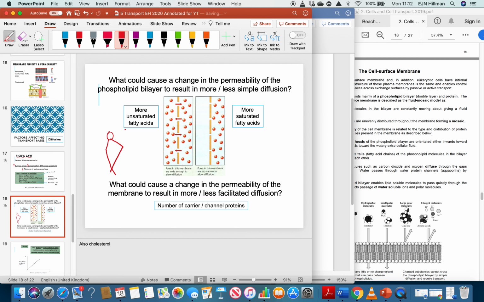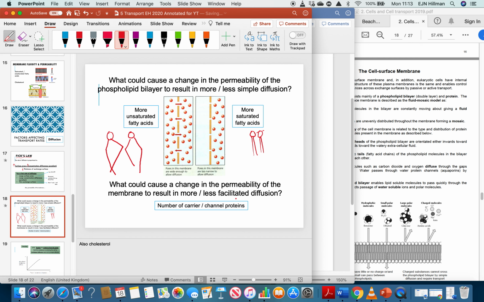There we go, they've got two fatty acids that are kinked because they're unsaturated, and that means that those phospholipids are further apart. Saturated fatty acids have much straighter chains and therefore fit much more closely together. So a membrane with a high proportion of unsaturated fatty acids would be more permeable.